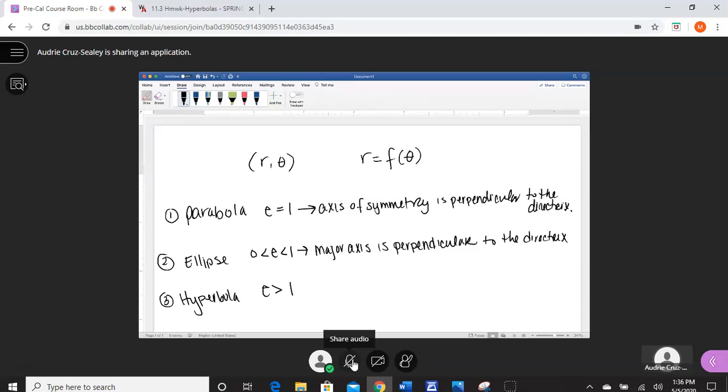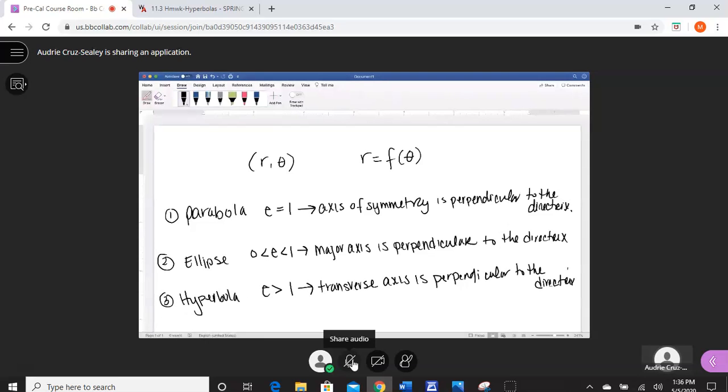Your eccentricity is greater than 1. Your transverse axis is perpendicular to the directrix. So those are good notes to have.